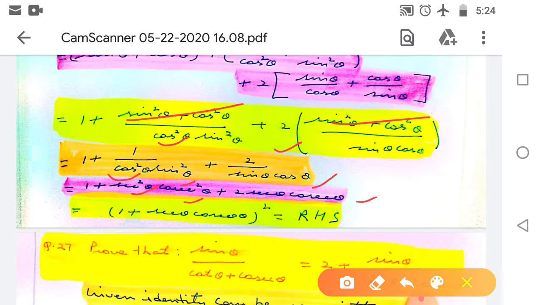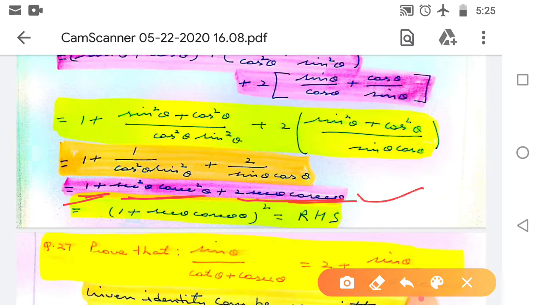And look at this, this is a square plus b square plus 2ab. So, this is a plus b whole square. So, ultimately this step can be written as 1 plus sec theta cosec theta whole square, which is equal to RHS, right.